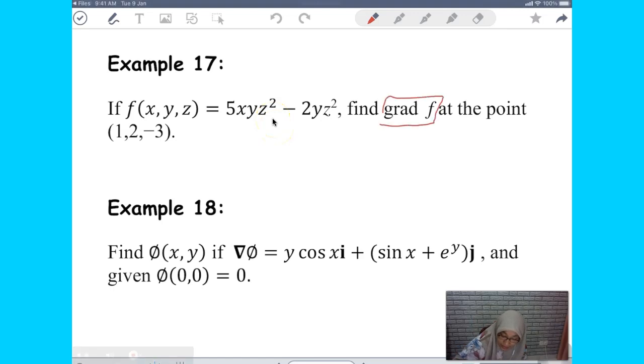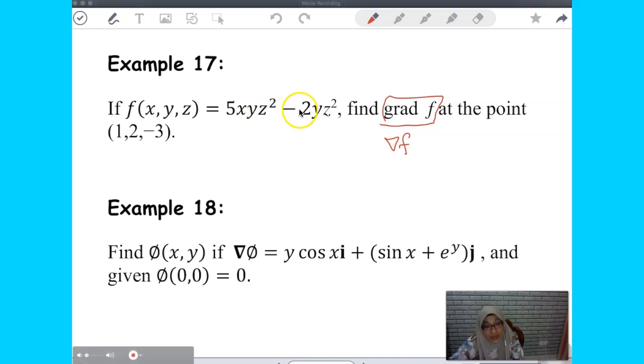The meaning of grad f is to find the gradient of the scalar field f, or you can write it with the symbol nabla. How to write down nabla? Nabla f, or gradient f at the specific point.